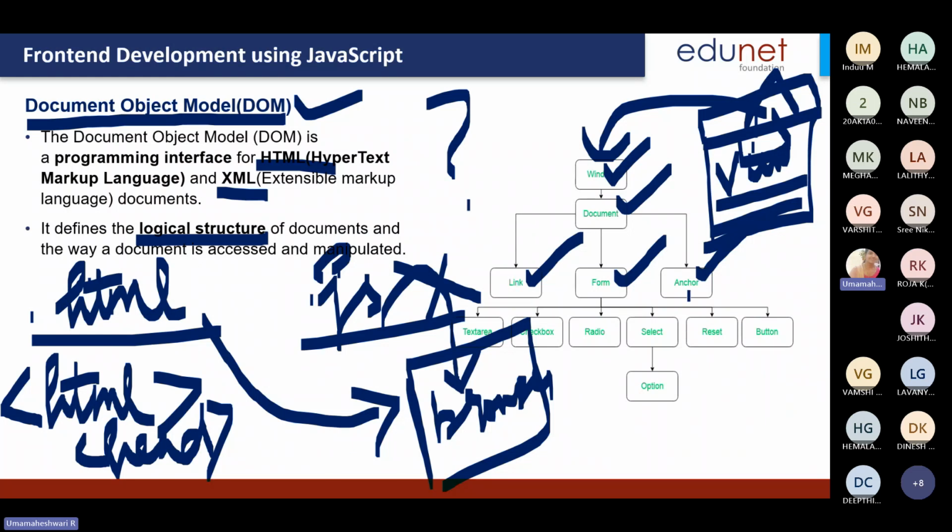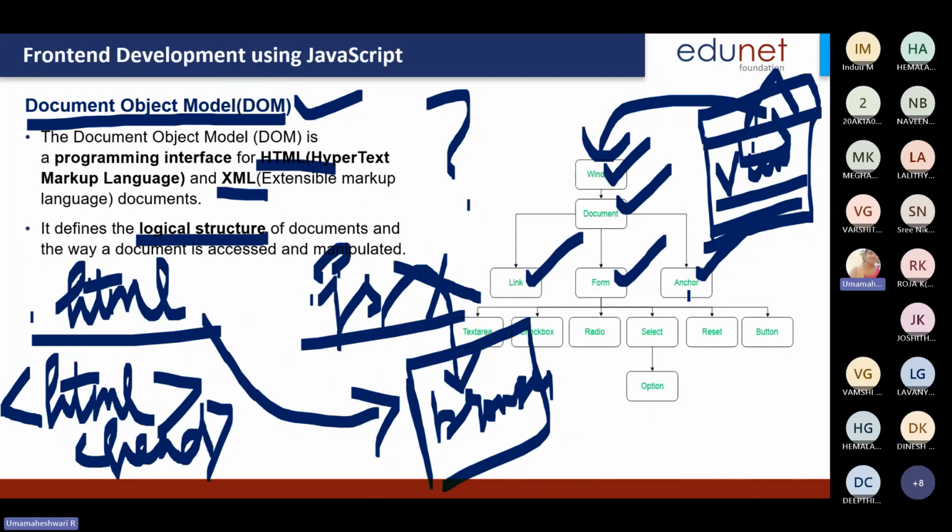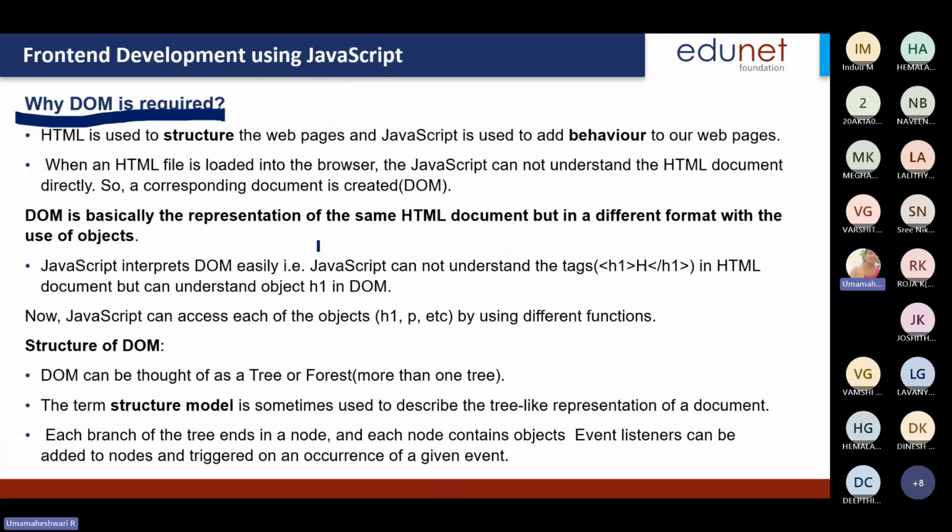If, for example, I want to fetch any particular element in my document, document is my object. Using this only, I can fetch the details of this form and the other things. Clear? So next, why is a DOM required? I already told you, HTML is for structuring the web page, and JavaScript is used to add behavior to our page.